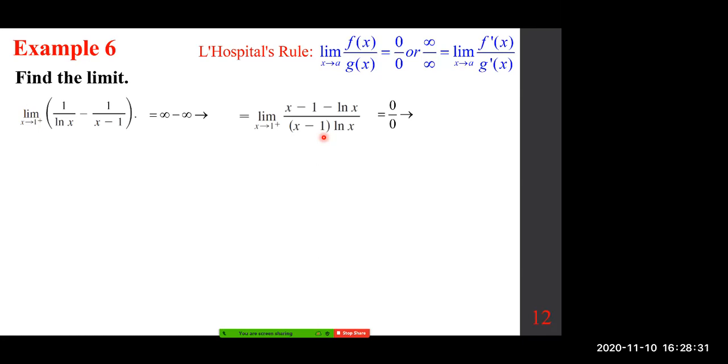We are going to use the L'Hopital's rule by differentiation. The top gives us 1 minus 0 minus 1 over x. The bottom, x minus 1 times ln x. We can multiply and do the math, or we just do it just the way it is.